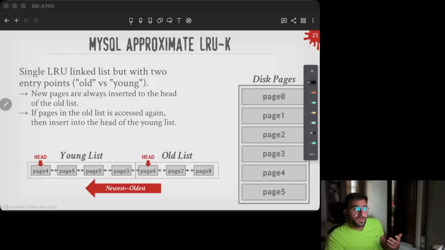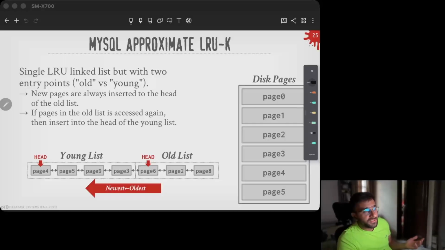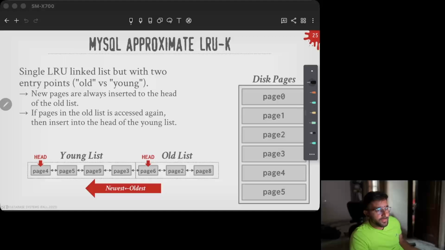If you have studied garbage collectors, some use this concept, like Java's JVM garbage collector, which maintains a region of old objects and young objects, because it is highly likely that the young objects are easily killed and garbage collected, while the long-standing old objects are less likely to be garbage collected.